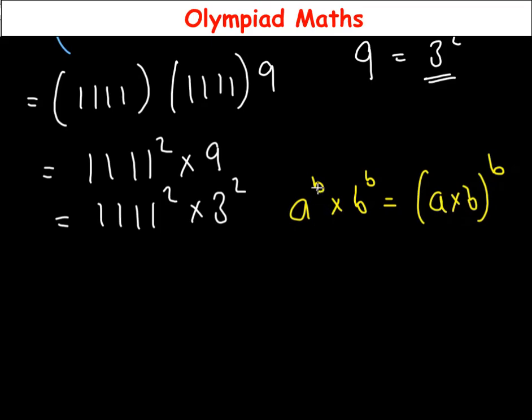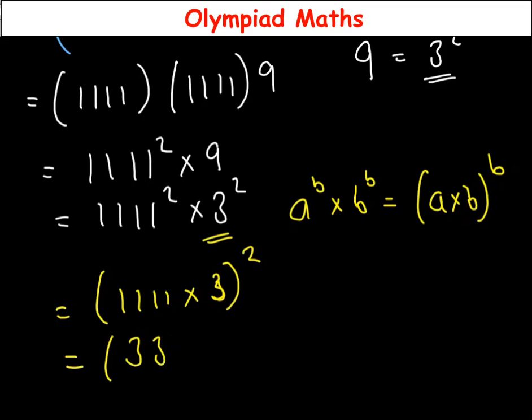Since they have the same powers, you simply multiply the bases and pick one of the powers. So applying the same thing here, we have different bases but similar powers. Simply multiply the bases, 1111 times 3333, all raised to power 2. From here, 1111 times 3333 is equal to 3333, all raised to power 2.